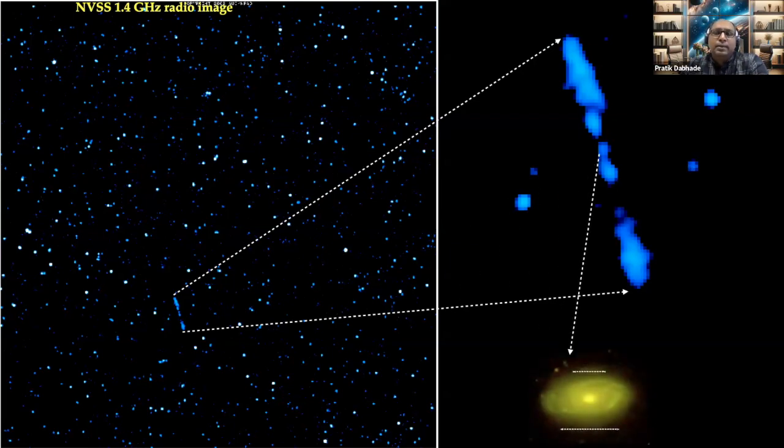A side note: only 5 to 10 radio galaxies are known with a spiral host, but I chose this example because it is 20 arc minutes in angular size, so it is easy to spot in a big radio image. But not all of them are so big. Some are small in size, but they are distant, so you have to look for all the extended sources.